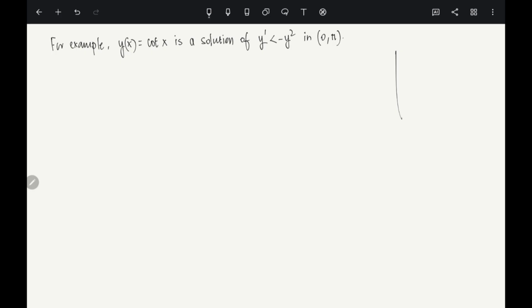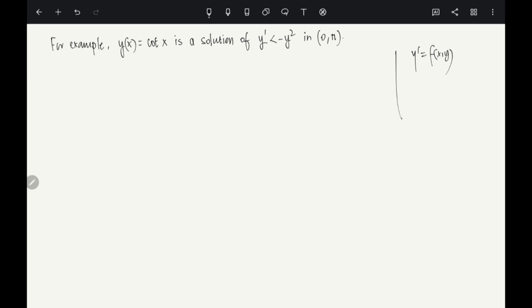It may or may not be possible to find an explicit solution, so you may not be able to solve that problem. What you do is, let's say you have this equation y prime equals f of x, y.